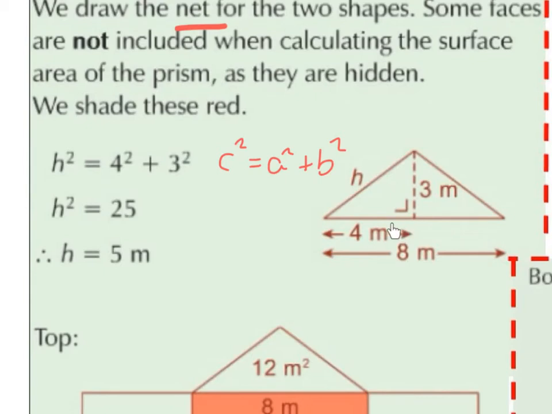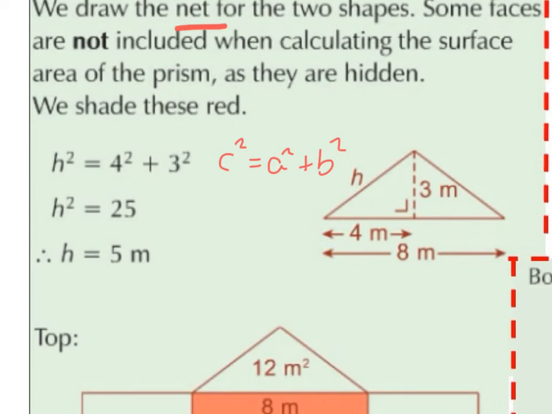So I'm going to label the 4 as a. So I'm going to have a squared, which is 4 squared. And I'm going to label the 3 as b. So I'm going to have plus b squared, which is plus 3 squared. And as I said, if we had 3 squared plus 4 squared, if we had it the other way around, it won't make any difference.